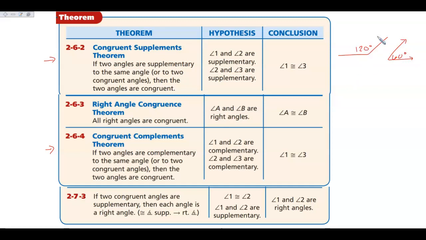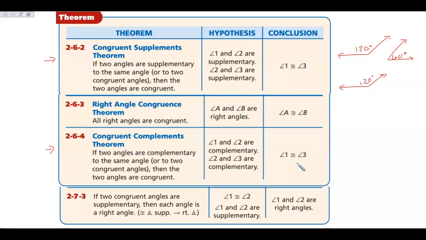So these are supplementary. If I want to draw another angle that's supplementary to this one, I would draw another 120 degree angle so that these are supplementary and these are supplementary. Look what's happening with these two. These two are congruent. That's what this theorem is saying.